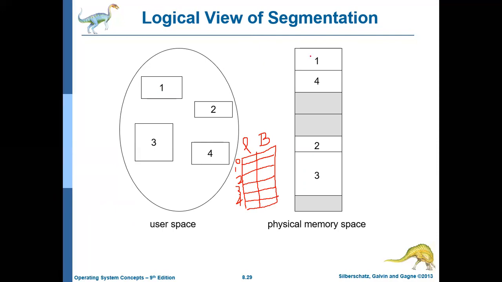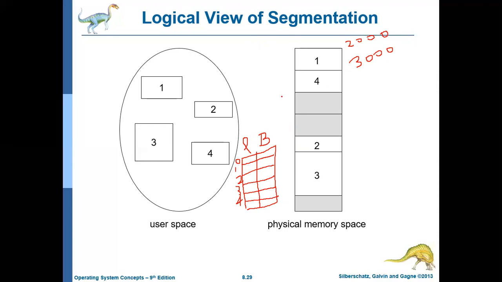So for the first segment, let us assume the starting address is 2000, and say its ending address is 3000. So which means it is from 2000 to 2999, that is 1000 locations.